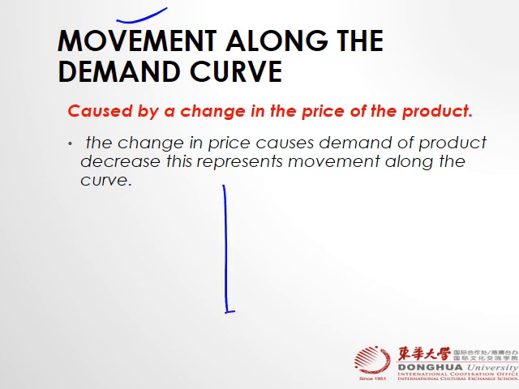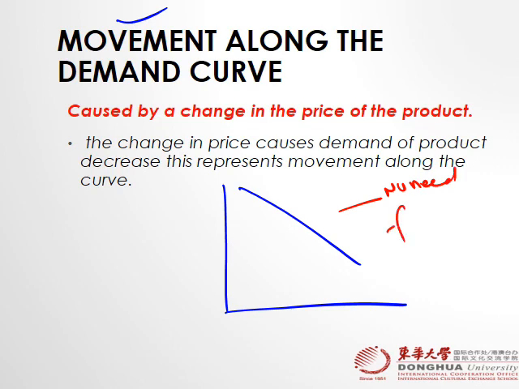The idea is that the demand curve is downward sloping. Movement means we don't have to make a new demand curve. It means you're on the same curve. We'll see it here, but I'm just giving you the idea.